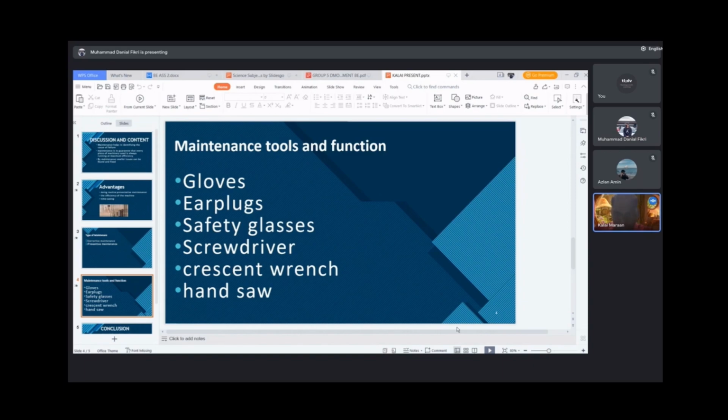Next is the spanner wrench, a tool used to remove and tighten bolt nuts having a hexagonal head. Next is the handsaw. Cutting materials including wood, metal and plastic requires the use of handsaws and hacksaws in maintenance. Next slide.